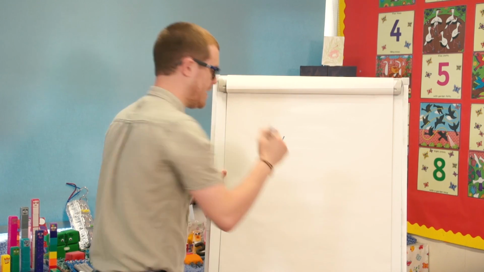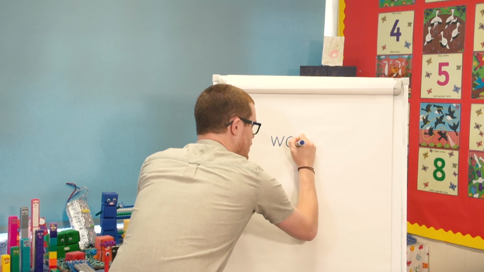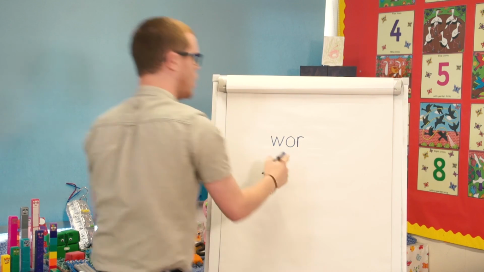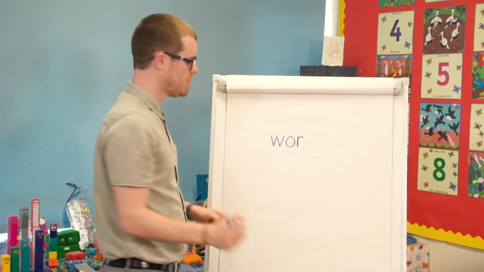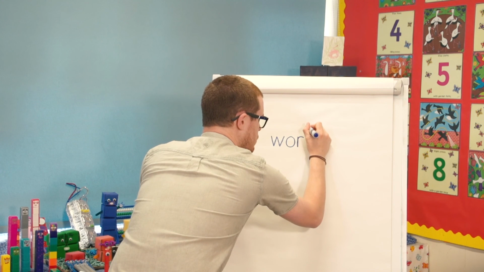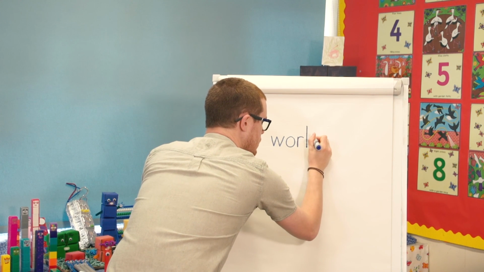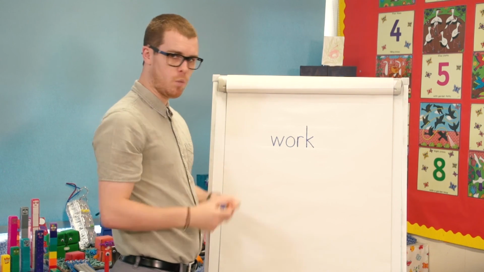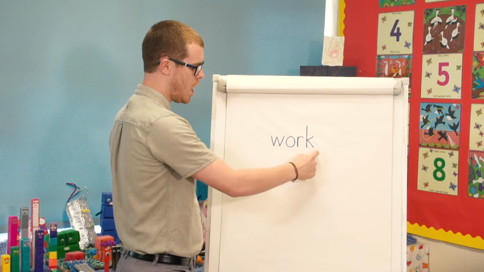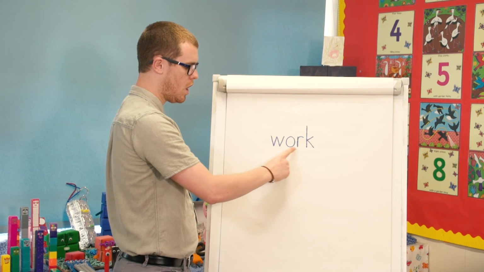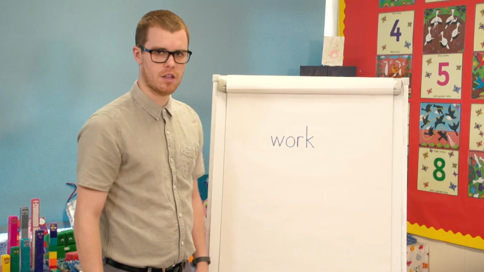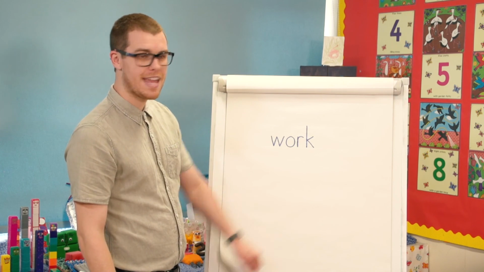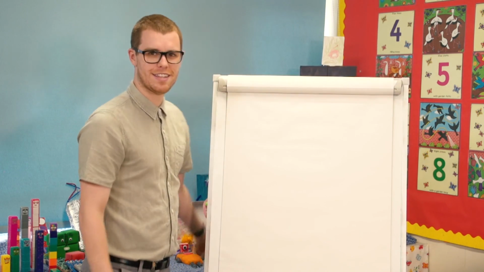Then we have a tricky bit. The sound is written with the letters O and R. And then our final sound says K. So my word is work. K. 3 sounds.